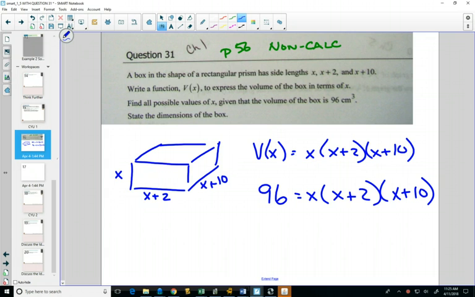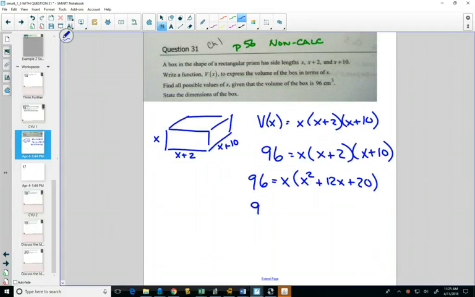What was expected was that students multiply this out. So I'm going to multiply x plus 2 times x plus 10, so I'll get x squared plus 12x plus 20. And then I'm going to distribute the x, and I get x cubed plus 12x squared plus 20x.